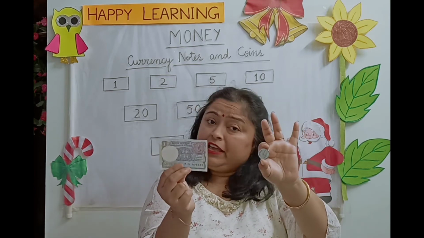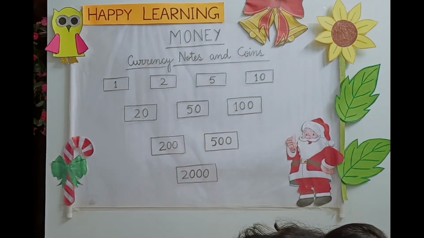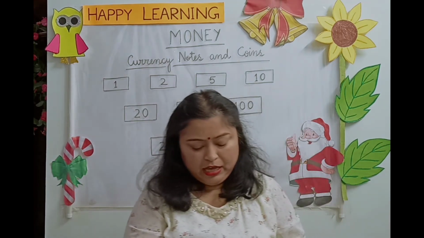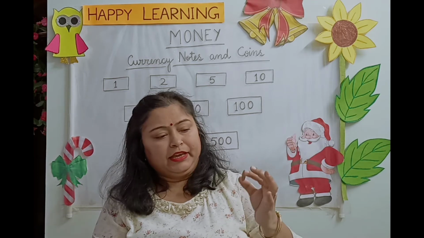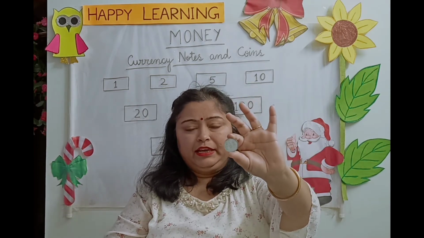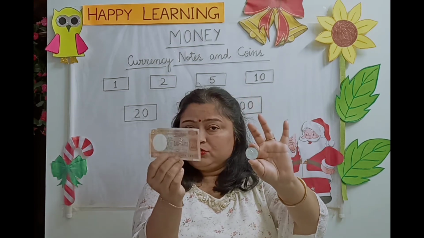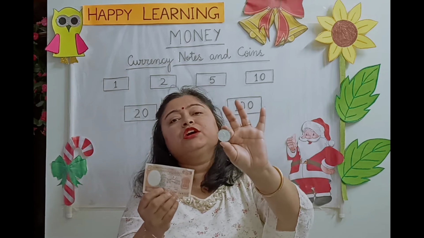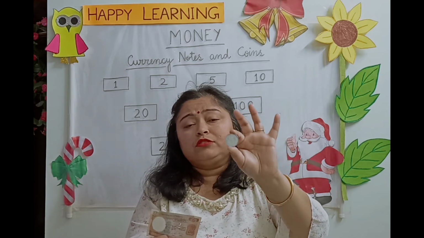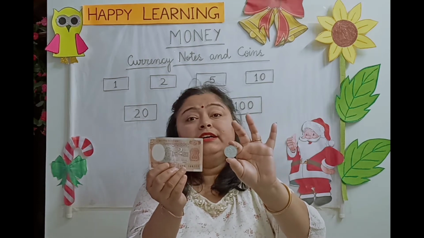Both have the same value. Now see, this is a 2 rupee coin and this is a 2 rupee note. We also use this coin and both have the same value.